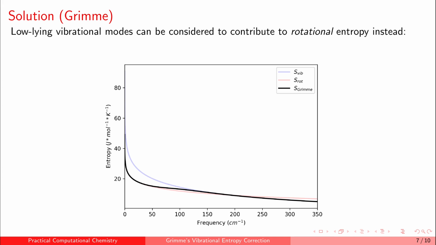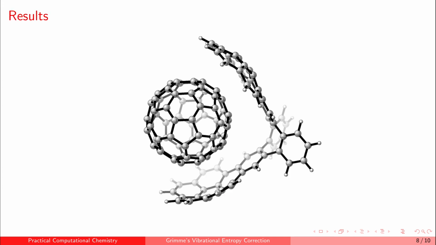In his work, Grimme developed this method and then used it for these kinds of adducts, which are non-covalent adducts and are quite large, which means there will definitely be very low frequencies. He calculated the formation free energy for a series of these adducts and compared it to the experimental values.